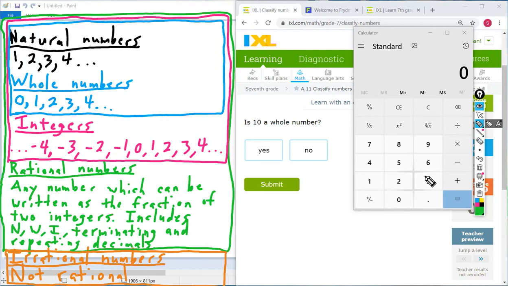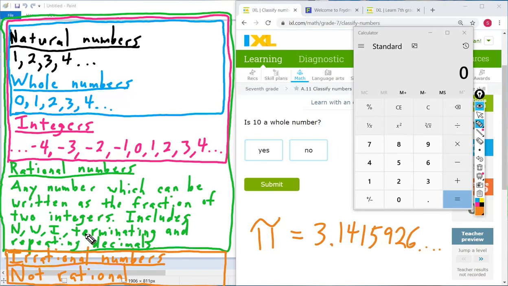So, for example, the number which we learned about, pi, let me draw this in orange since I have the irrational numbers in orange. The number pi is equal to 3.1415926, and on and on and on. So it does not terminate, okay?